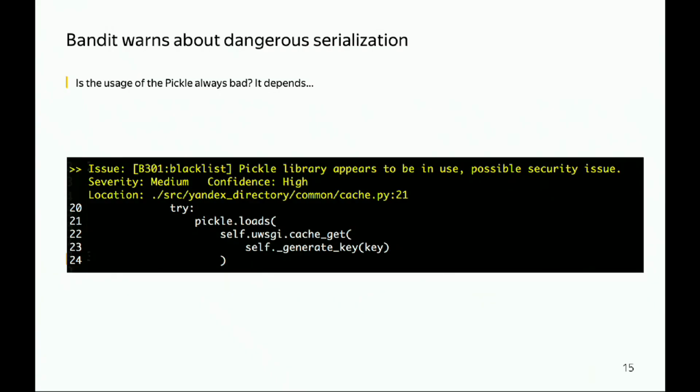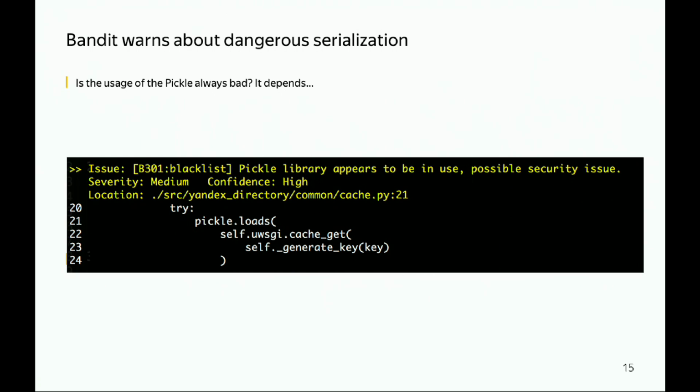So, okay. The next is a false positive of Bandit. You can see that Bandit here shows us a warning about the pickle library. But actually, the pickle library could be dangerous if some user input is passed to it. But here it is okay.